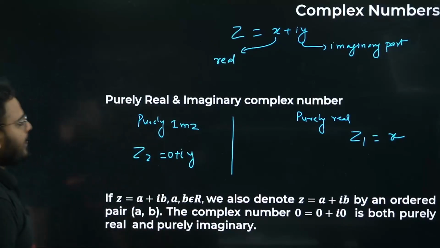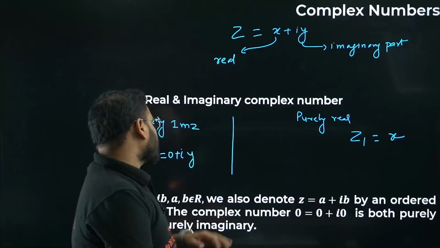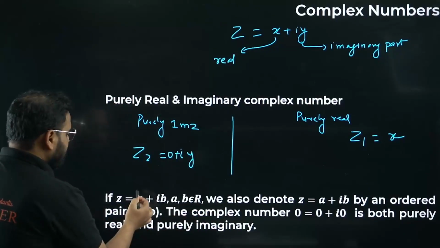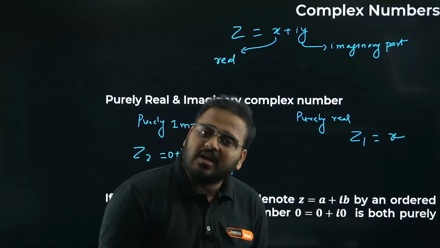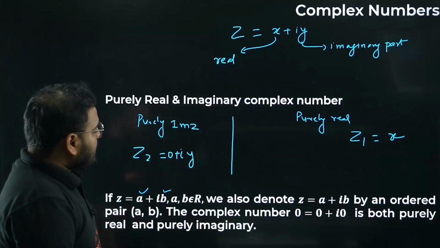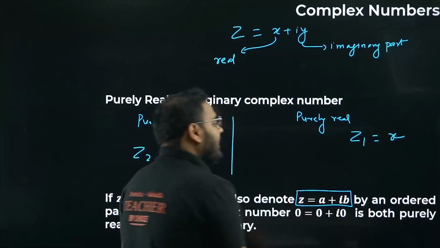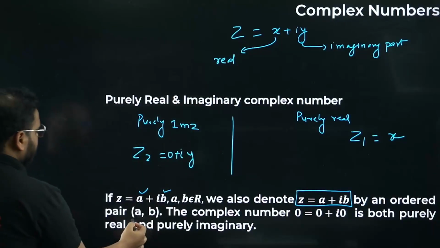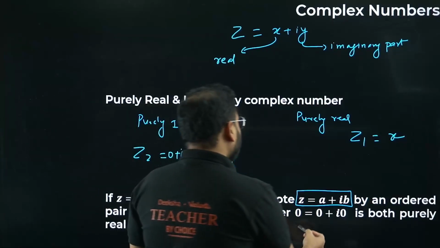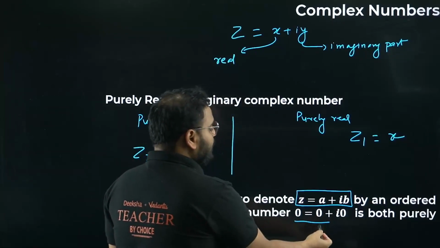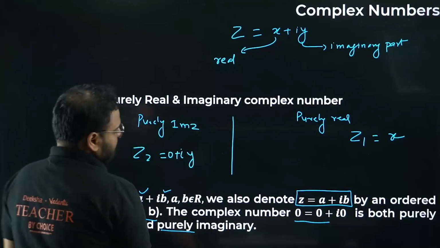Now if z equals a plus ib, a and b belong to real numbers. Both parts, the imaginary part and the real part, will be real numbers only. We can also denote this z by an ordered pair (a, b). The complex number 0, that is 0 plus i0, is both purely real and purely imaginary.